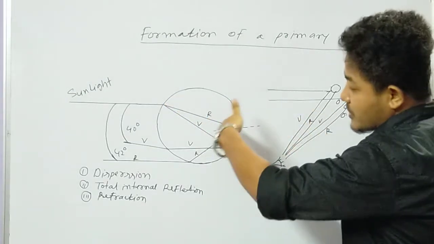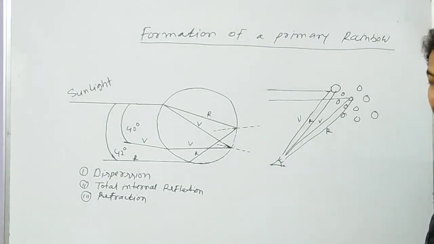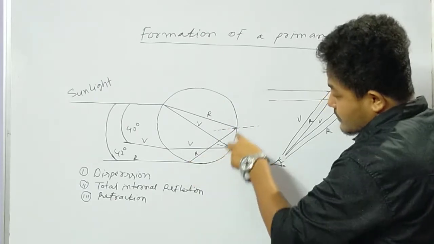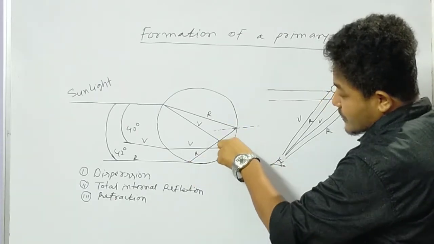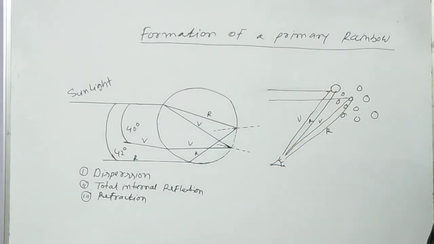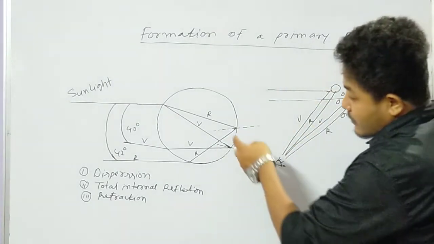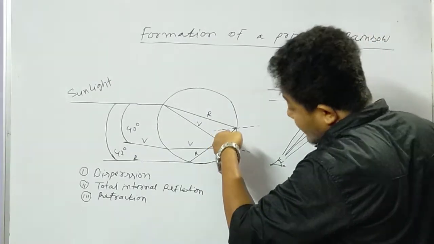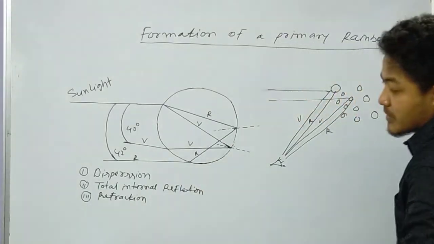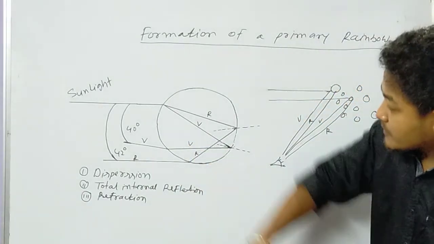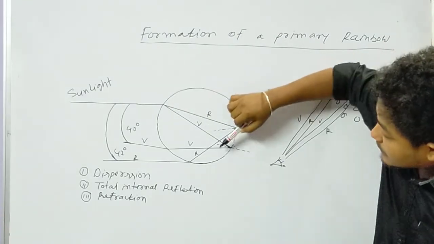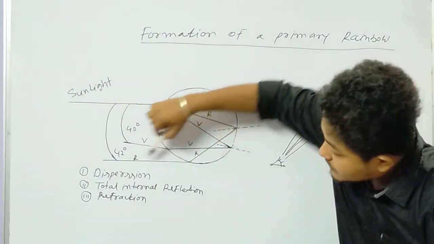That means it is split into 7 different colors, and after that total internal reflection takes place at this point, as this angle of incidence becomes greater than the critical angle of that medium. This is the second process. Lastly, when the rays of light are coming out from the raindrop, then one more phenomenon takes place, that is refraction. That means three processes. Here, this is dispersion, this is total internal reflection, and this is again refraction.